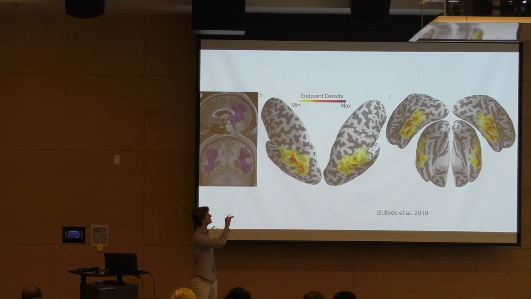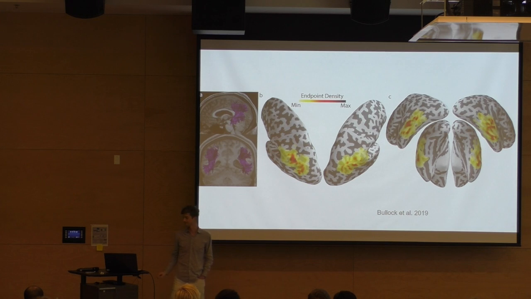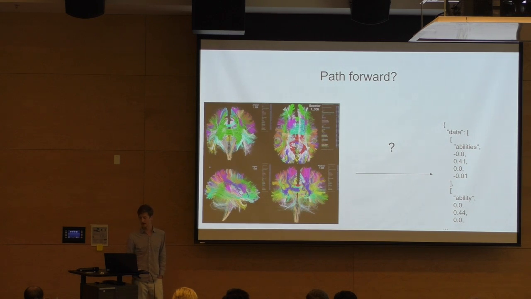This is from a recent paper I did where I was looking at an understudied tract called the posterior arcuate and noting that it was terminating primarily in the posterior angular gyrus and then some posterior lateral temporal areas. So if we have that information about the cortical areas that the tract is terminating in, it seems that we might be able to leverage that somehow, given that we actually do know quite a bit about functional specialization of cortical regions. So what's the path forward?